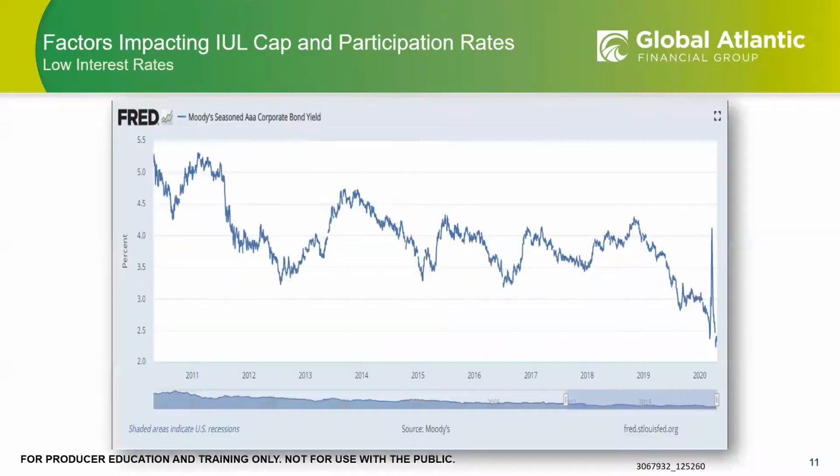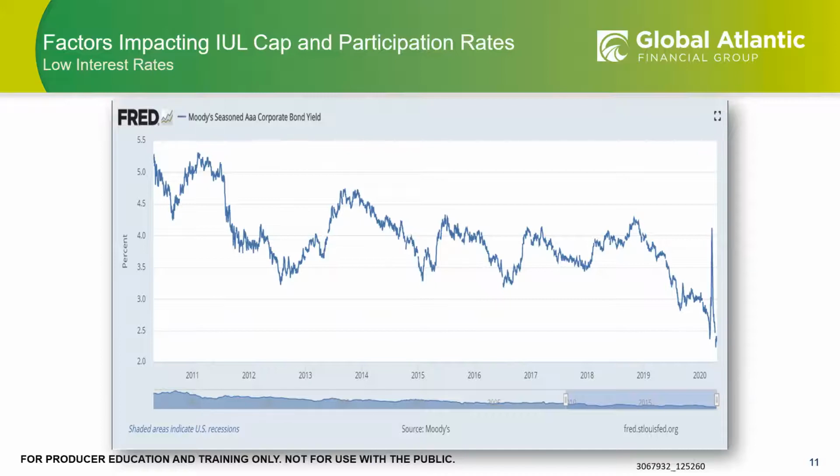So I talked about the guaranteed type products, and while the 2017 CSO update lowered the COIs because of the better mortality, what you see here is the Moody's corporate bond rate, looking back over the last 10 years.